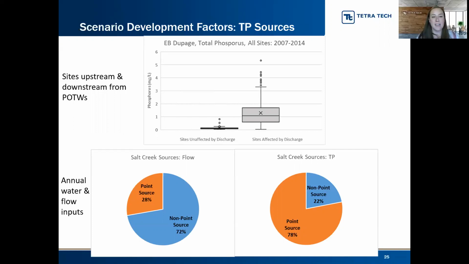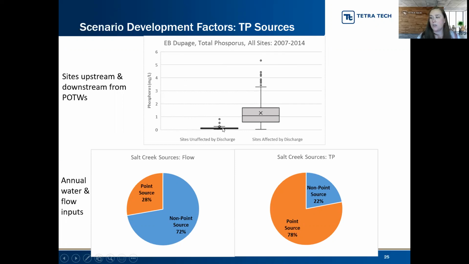To develop scenarios, it gives us a little bit more context. The top graphic here is showing us total phosphorus concentrations in stream across the East Branch for the period of 2007 to 2014, and Stephen made this graphic, showing sites that were sampled downstream of an existing wastewater treatment plant versus upstream of any wastewater treatment plant influence.